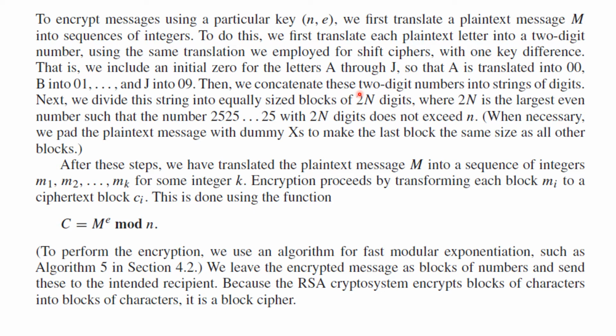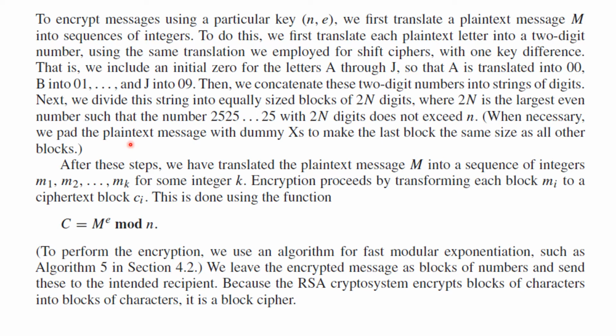Then we concatenate these two-digit numbers into a string of digits. Next, we divide this string into equally sized blocks of 2N digits, where 2N is the largest even number such that the number 2525...25 with 2N digits does not exceed n.